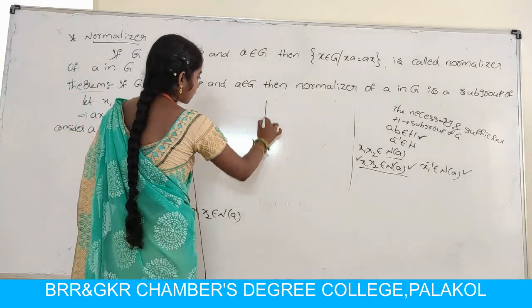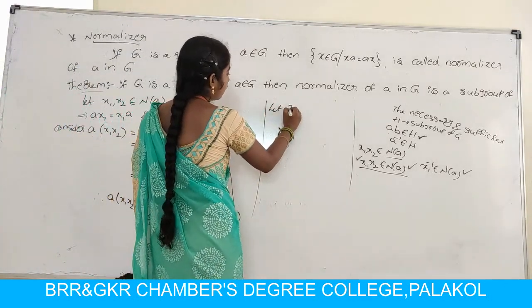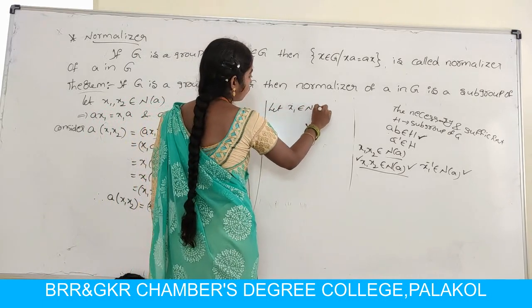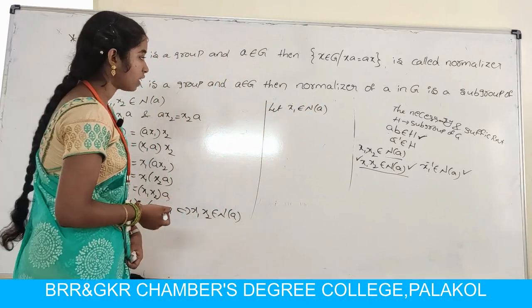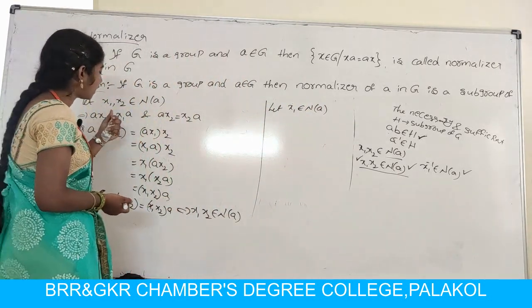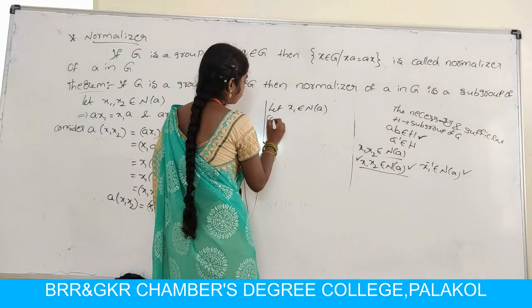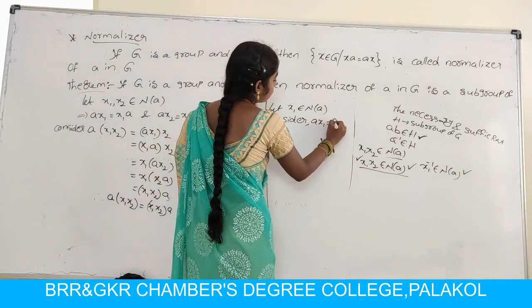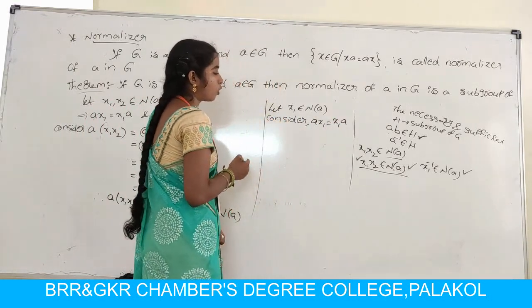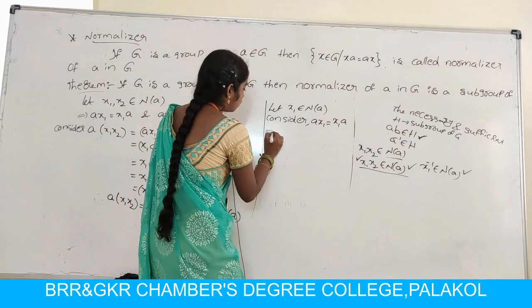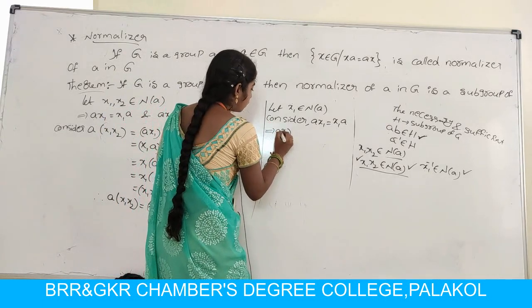So that is the first part. The second part: let's consider x1 belongs to N of A. Considering ax1 equal to x1a, multiply on both sides on the right by x1 inverse.